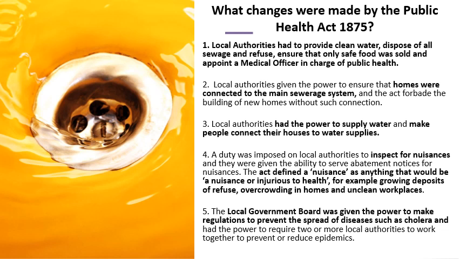And also local government, if they felt that there was a problem in their local area that was causing a public health risk, they had the right to pass laws to stop these difficulties, these nuisances spreading, and take measures immediately if there are any cases of cholera, rather than letting it just burn itself out.